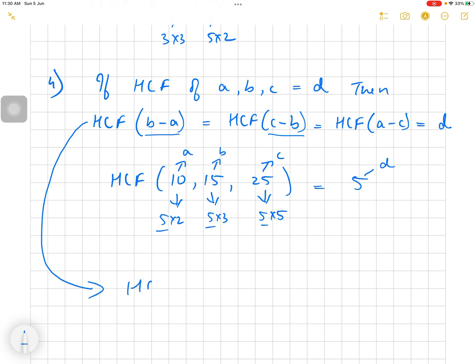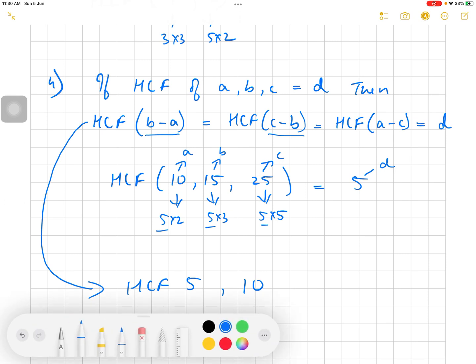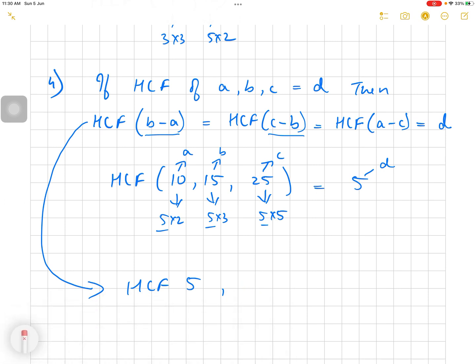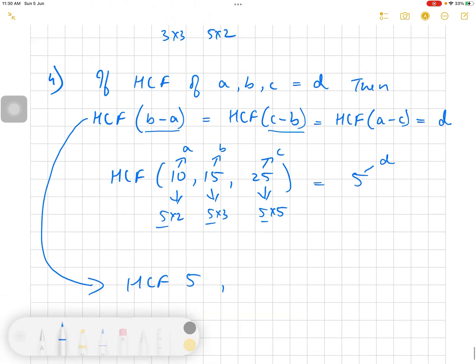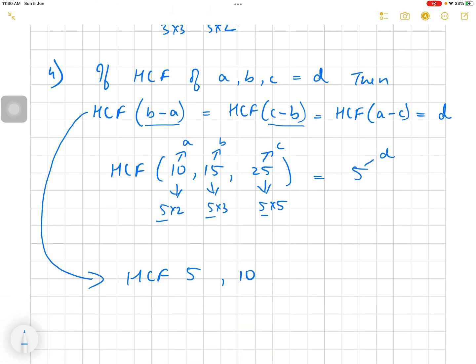This I can write as HCF of B minus A. B minus A is 15 minus 10, which is 5. HCF of C minus B means 25 minus 15. Sorry, C minus B, 25 minus 15 is 10.